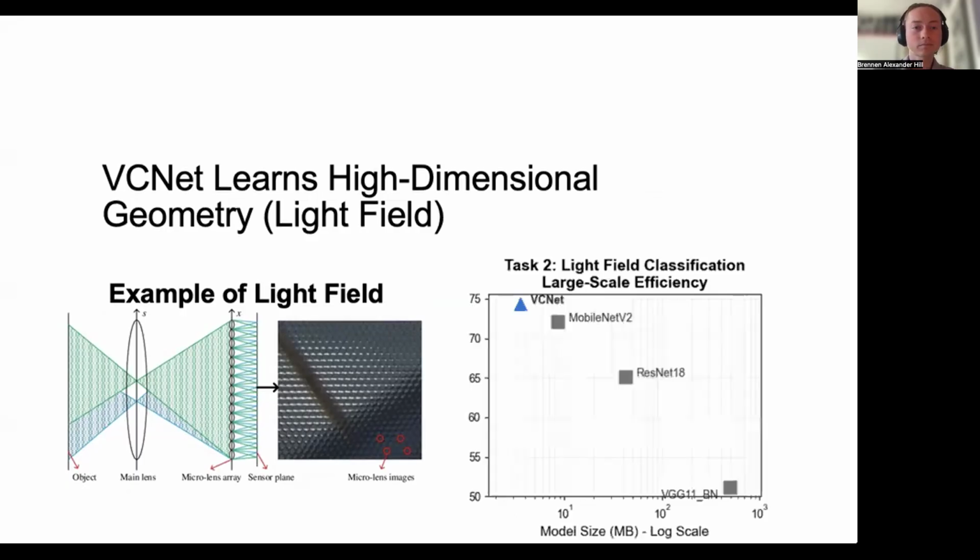In the light field classification task, we see that it achieves 74.4% accuracy, significantly outperforming MobileNet and ResNet DEX. Again, note the efficiency. It is much smaller than the baseline models, which validates the architecture's method of disentangling view-dependent information.